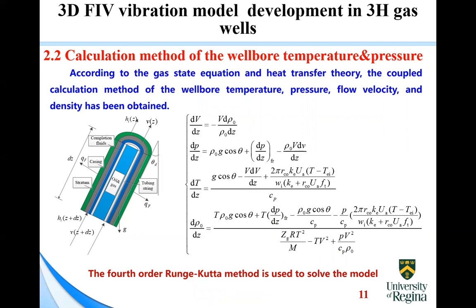Next, we also know that when the gas well is producing, between the bottom of the well and the top of the well, the temperature and pressure in the wellbore change at any depth. So we should establish the calculation of the temperature and pressure.